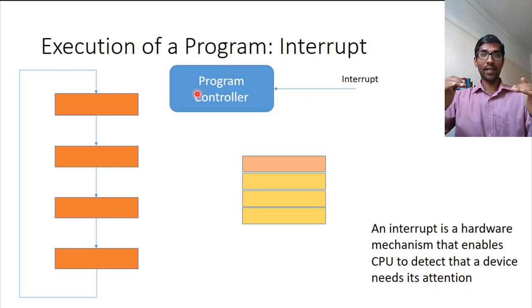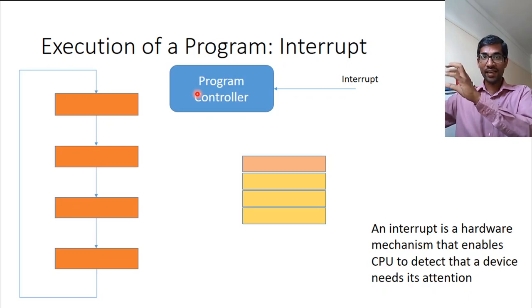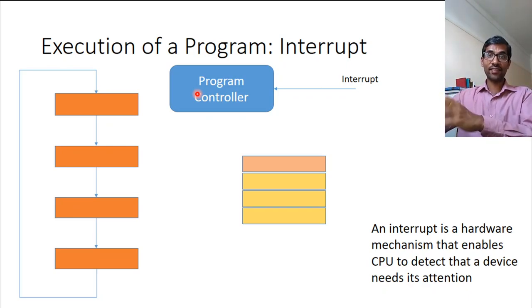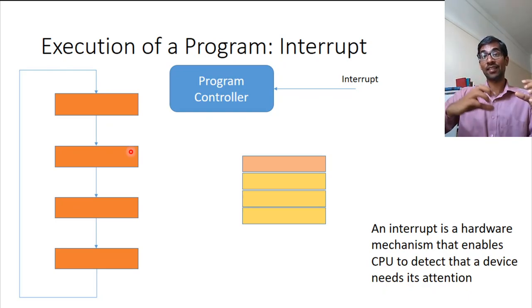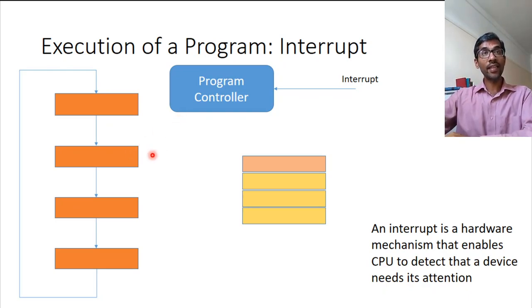You need to execute that. You need to do that thing. So basically, that command from that address is fetched. It is executed, and then the program controller increments by one and says, "Let's go to the next memory location and take whatever instruction is there and execute that." And then the program controller goes again to the next program location, and so on and so forth.